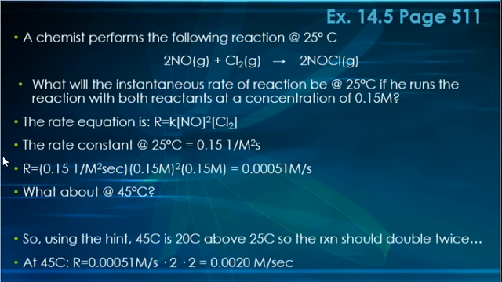So I take my number that I calculated, this 0.00051, times 2 times 2, and I'll end up with 0.0020 molar per second at 45. Okay? So that's going to be faster. You can see how that temperature makes that difference right there.